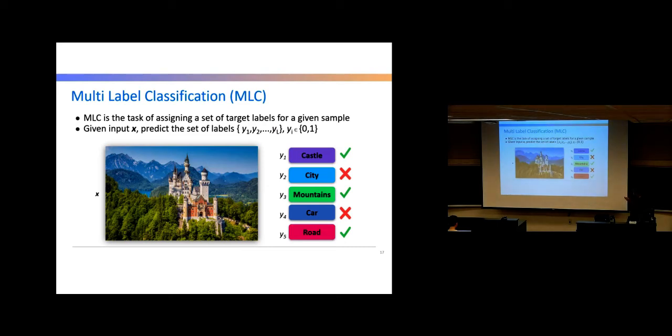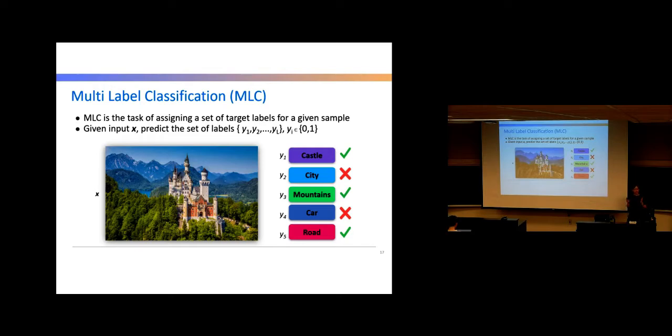So the task is that I have a fixed set of labels, but different from multi-class classification, where I can only assign one of the classes to my samples, I can assign multiple, in this case castle and mountain. There's a road, there should be a forest if it's possible. But clearly city and car are not in this label set. So this is called a multi-label classification task.